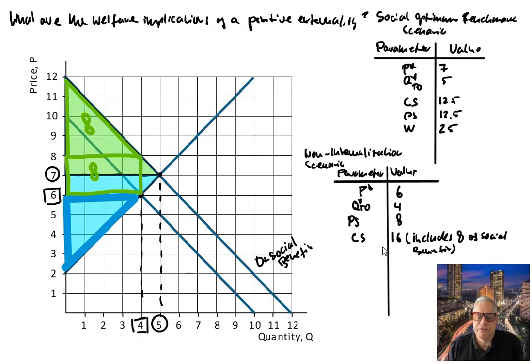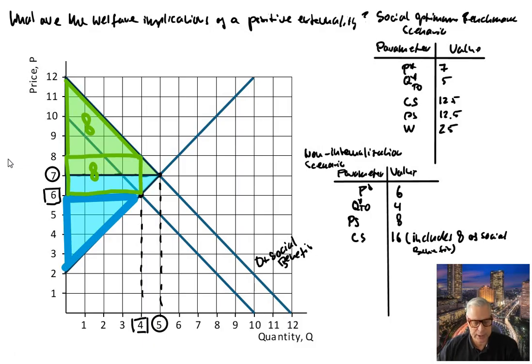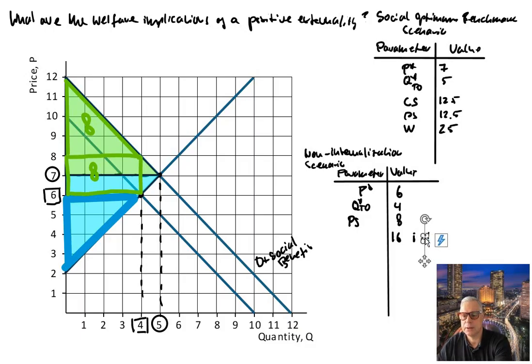Or if you want to factor out the social benefit, what we can do is if we just take a look at what is the social benefit associated with, actually I'll just delete that here quickly. So that is one way of doing it.